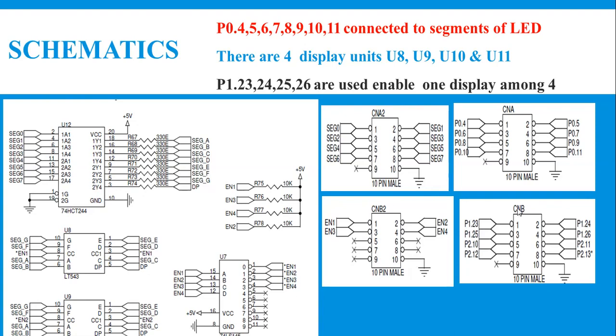Now at the microcontroller side, connector B, pin number 1, 2, 3, 4 corresponds to 23rd, 24th, 25th and 26th pin of port 1. Therefore, the 23rd, 24th, 25th and 26th pin of port 1 is used to select any one among the 4 displays. Okay.